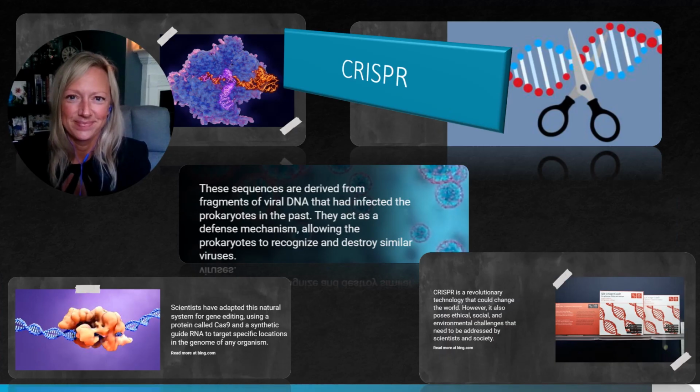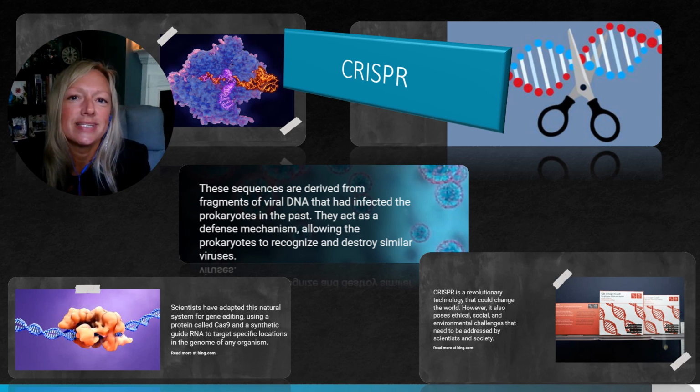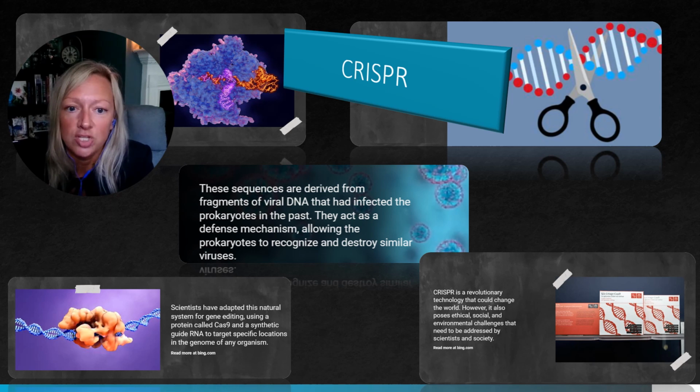Now, CRISPR is an acronym for clustered, regularly interspaced, short palindromic repeats. This is basically a family of DNA sequences. What is happening is the DNA is cut at a desired site to either modify, replace, or disable the gene, or activate or repress its expression.